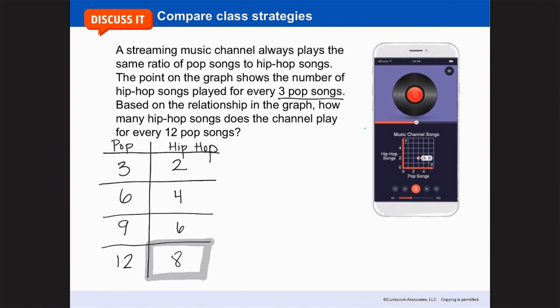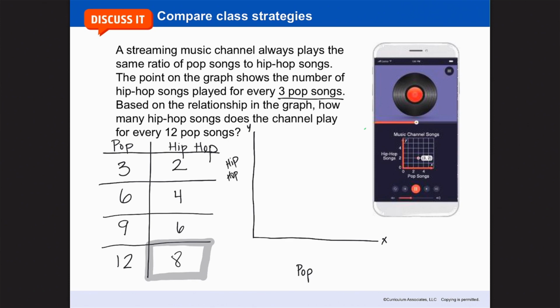Okay, the next thing that we are going to do is graph our values. If you see here, we already have 3 to 2. Now we're going to use these next ordered pairs to go on a coordinate plane. So we're just going to draw the first quadrant, with X being pop and Y being hip hop.